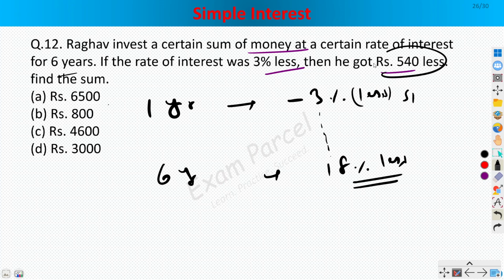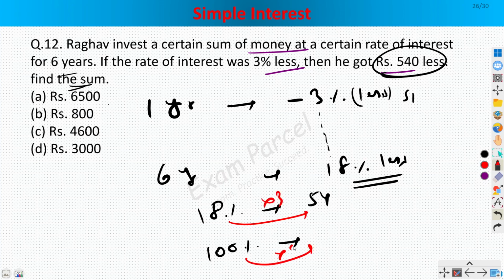And that value we have already been given. So 18% value is 54. And we have to find the sum, which means we have to find the principal, that is 100%. Principal is also 100%. So 18% value is 54, so we are doing 3 times, 100% into 3, that will be 300. Okay, I think we have made some mistake.